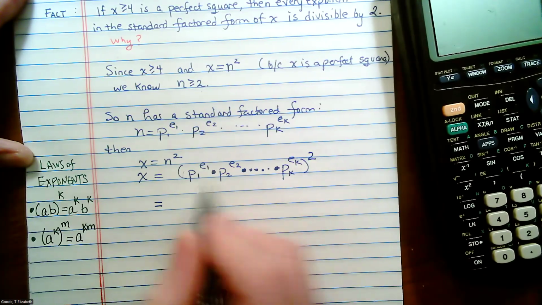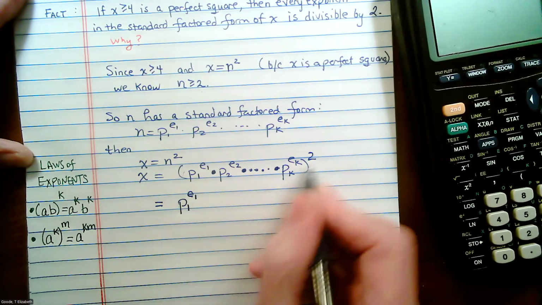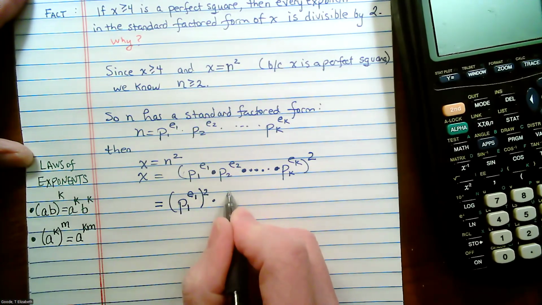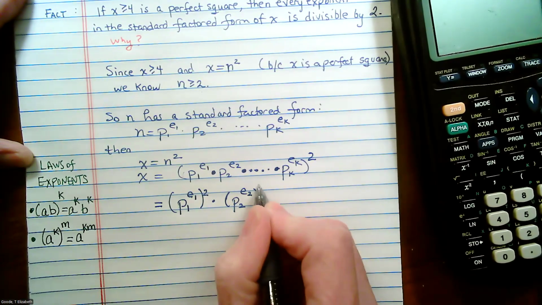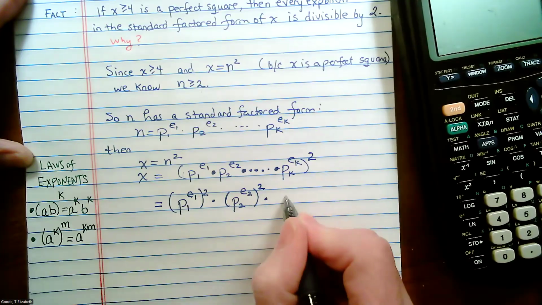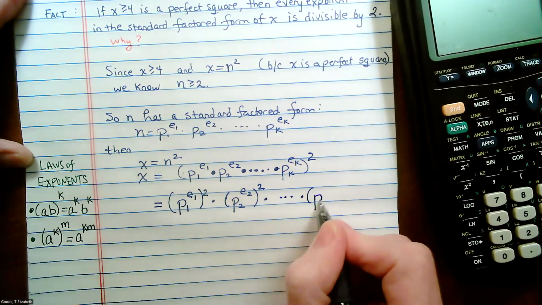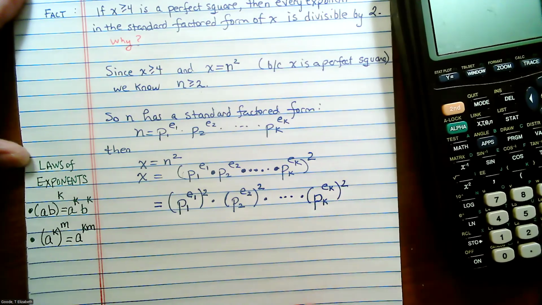P sub 1 to the E sub 1 is being squared, times P sub 2 to the E sub 2, that's getting squared, all the way up to the last factor, P sub K to the E sub K. That's getting squared. Does that make sense?